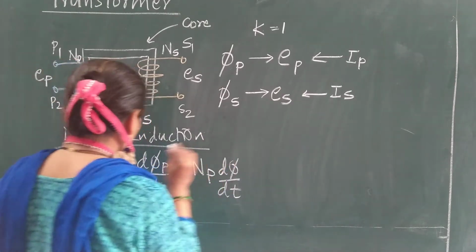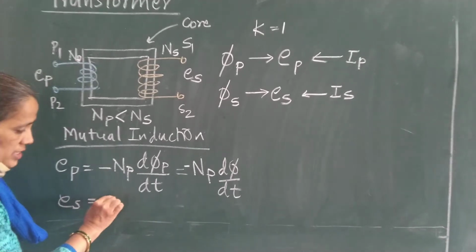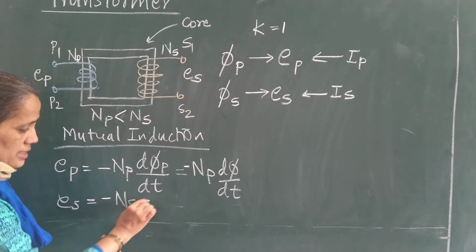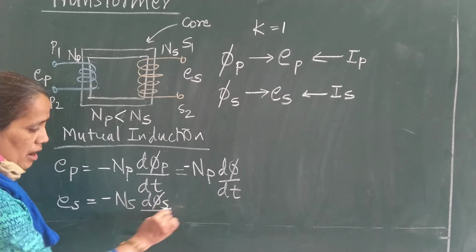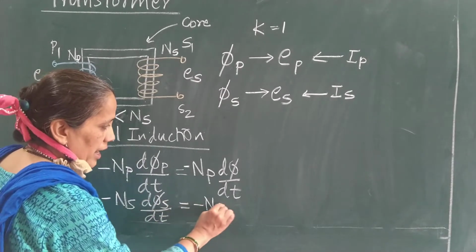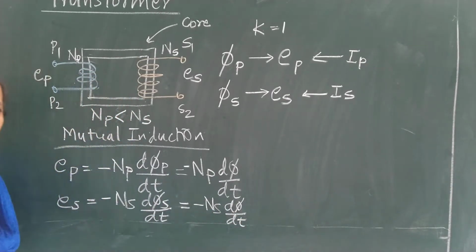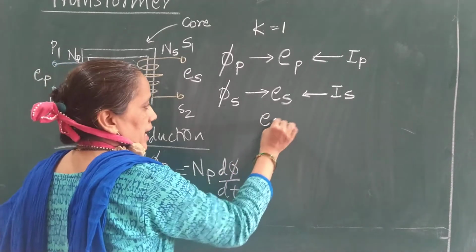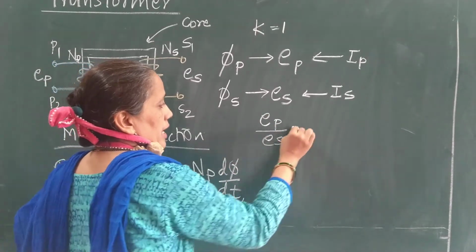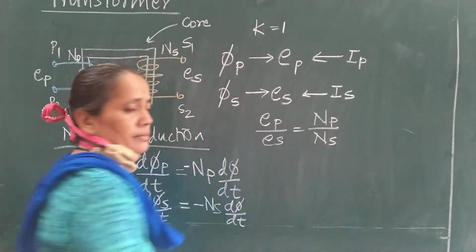Similarly, there will be an induced secondary EMF, ES, which is equal to minus NS d phi s upon dt, which can be written as minus NS d phi by dt. Got it? And if I take the ratio of these two quantities, then I get EP upon ES is equal to NP upon NS.